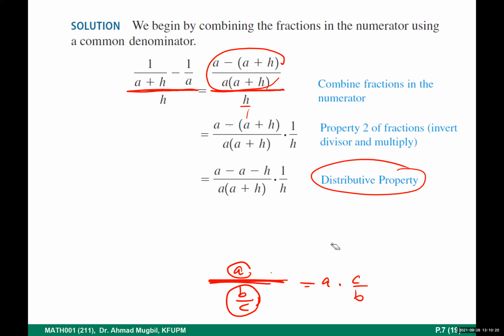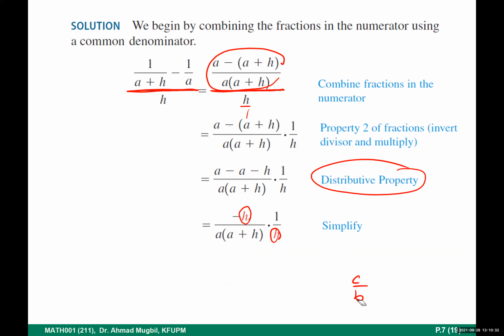Now a minus a is 0, and we have negative h over a times a plus h times 1 over h. This h is a factor. This h is a factor. We can cancel common factors. So what we will have in the numerator here is negative 1 multiplied by 1, which is negative 1 over a times a plus h.